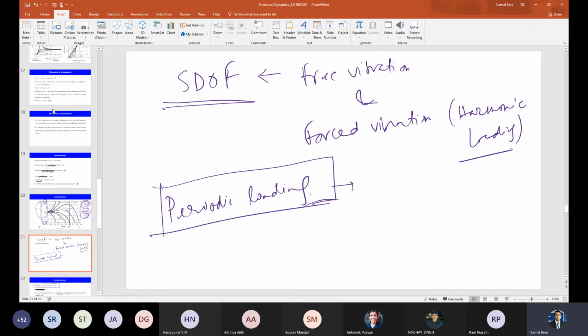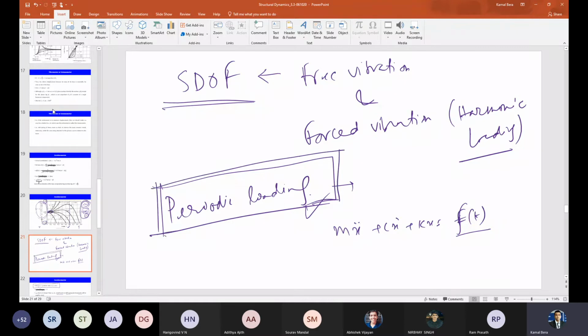So what can I do to find out the response? Because my equation of motion remains the same, with some force F(t). Previously it was F naught cos omega t or F naught sin omega t. But now it is repeating, but not harmonic. We have seen that for harmonic we can get a very simple closed form solution. Right? So what to do for periodic loading?